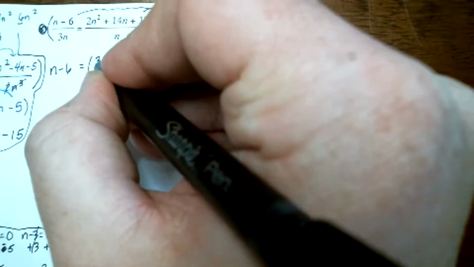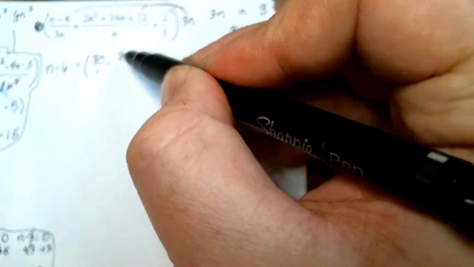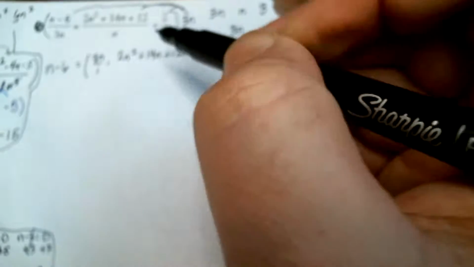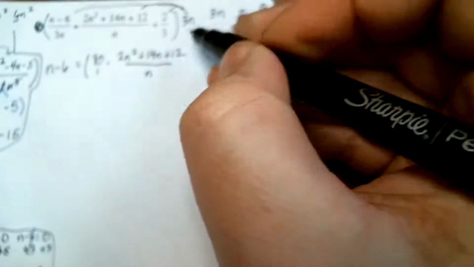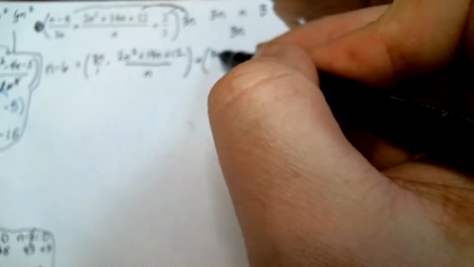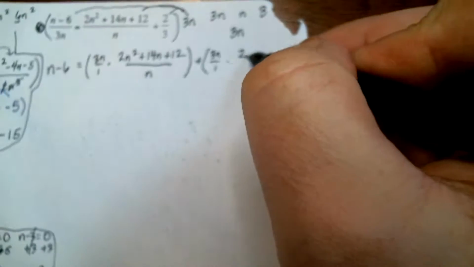Let me draw a little line of separation here. That would be n minus 6 is equal to, and then here we have to say this, 3n over 1 times 2n squared plus 14n plus 12 over n, and then plus 3n over 1 times 2 over 3.